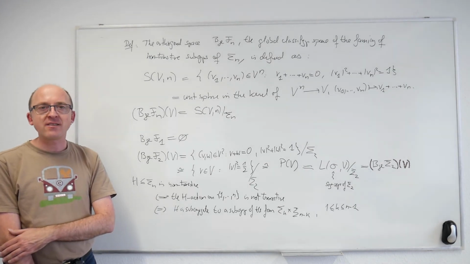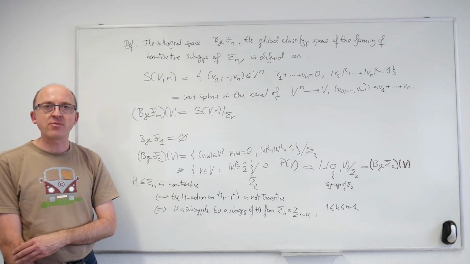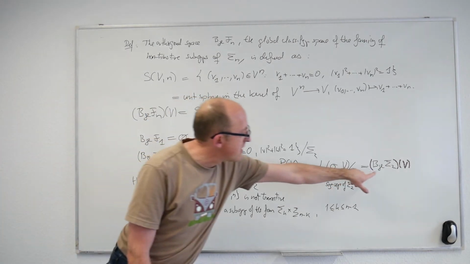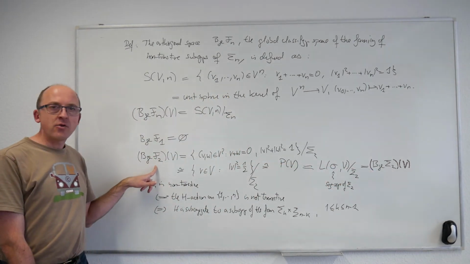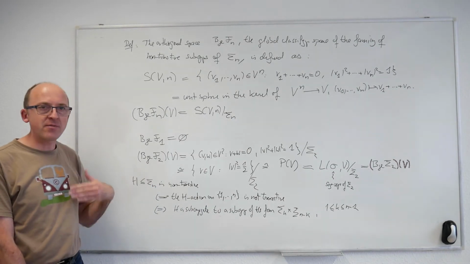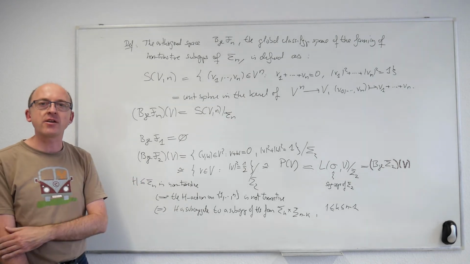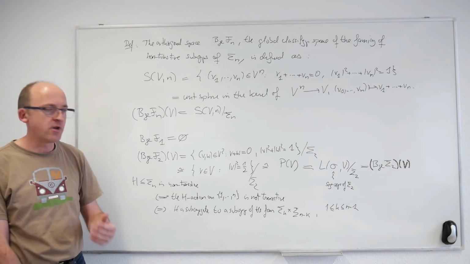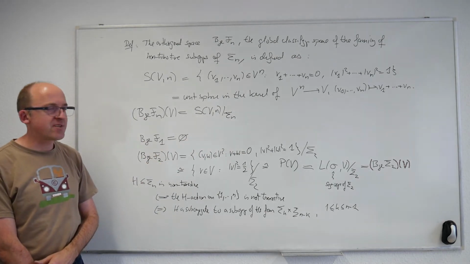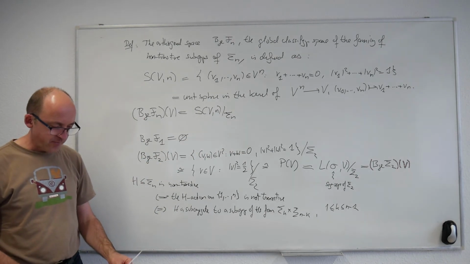The global classifying space of the group is the special case where the family only consists of the trivial group. And that's why these two things are the same here. Non-transitive means just you have to be trivial, whereas as soon as you have sigma 3, sigma 4, sigma 5, then there are non-transitive subgroups that are also non-trivial. So the two notions start to diverge from sigma 3 onwards.